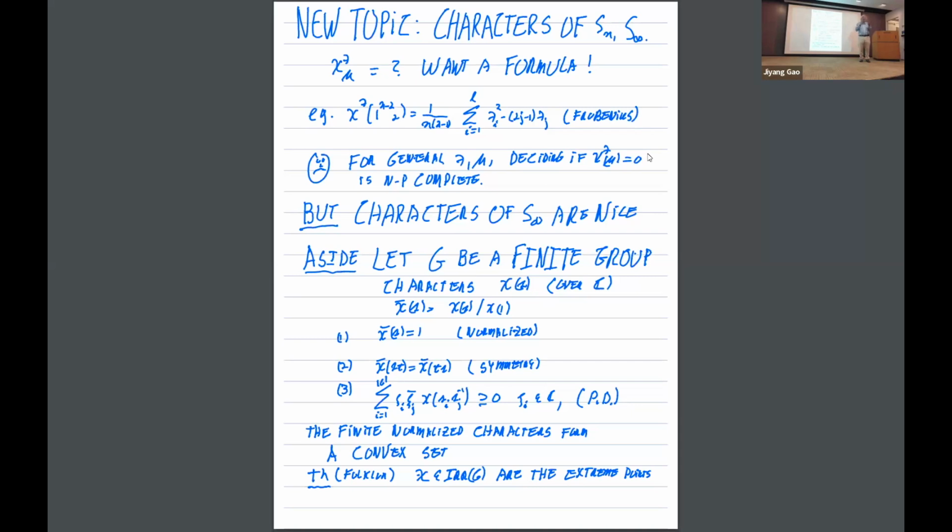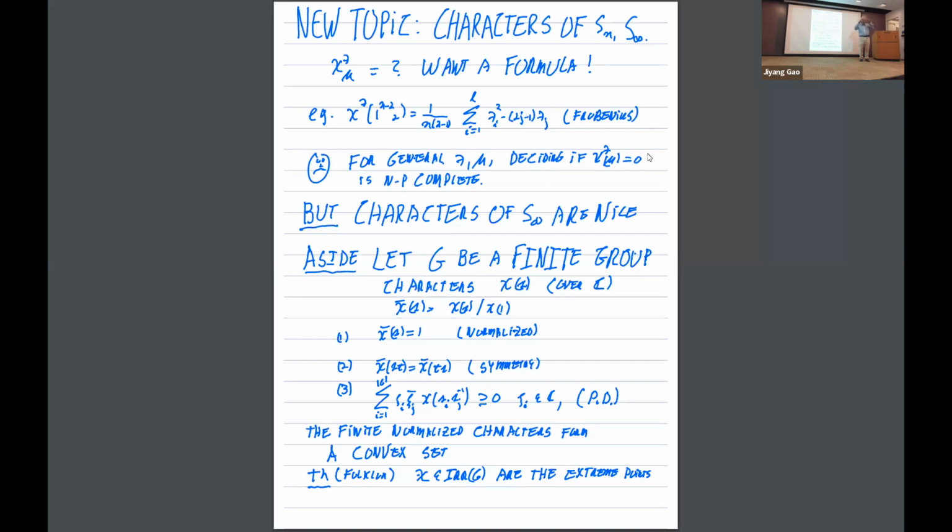So sometimes you can get your hands on characters, but before anybody gets too enthusiastic, for general lambda and mu, deciding whether the character is 0 or not is, I'm going to say, NP-complete. That's not right, but if you want to know what is right, ask Igor Pak or Greta Panova.